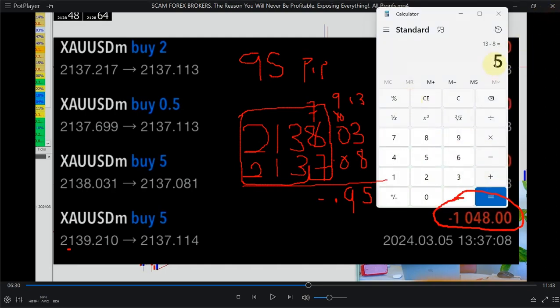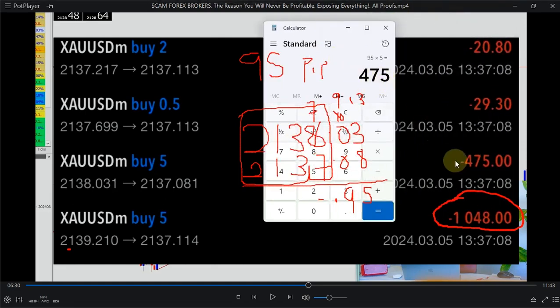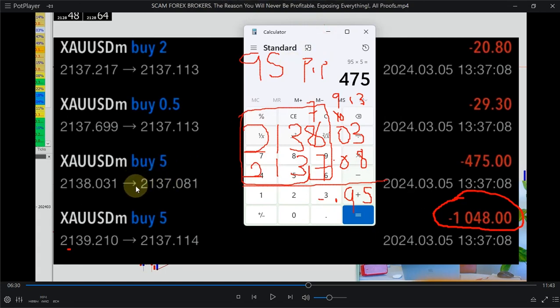To find the amount, you're going to say 95 pips multiplied by the standard lot, and what we have here was $75. $75 negative because it is a losing trade.